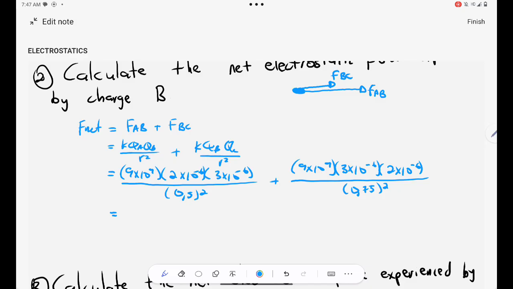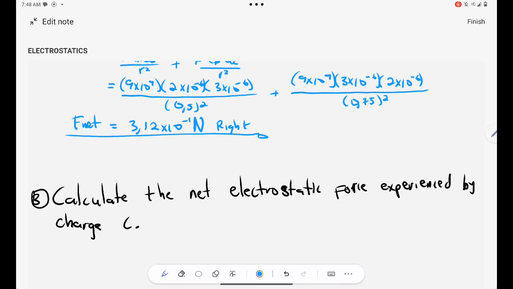So our final answer, guys, is just 3.12 times 10 to the negative 1 newtons. Since we have a positive answer, it simply means that our fNet is towards the right hand side.